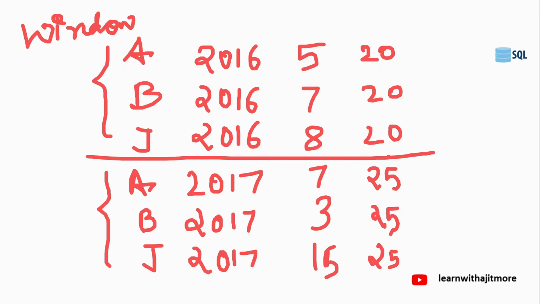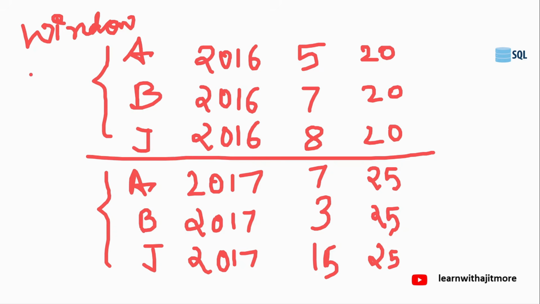Then it will apply the aggregate on that window, and in the output, it will show all the records in that window along with the aggregate as well. So that is the basic difference between normal group by and window function.